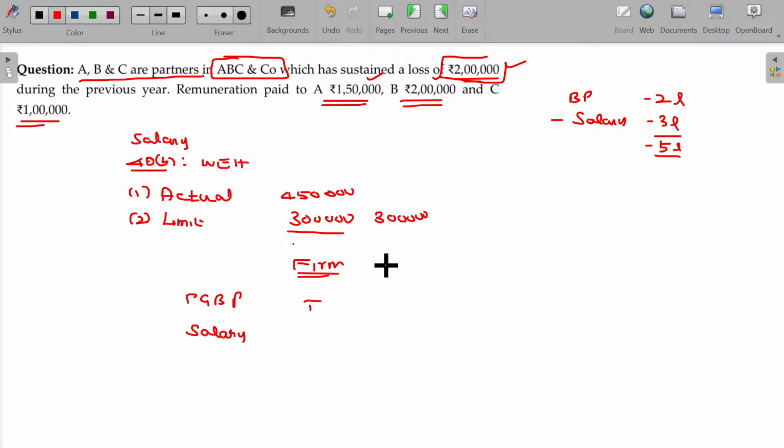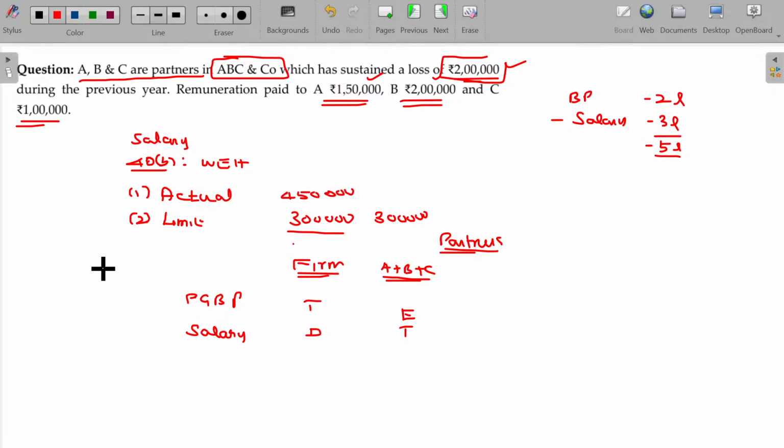And in the hands of the partners, A, B, C, exempt. Is that okay? Salary being deductible, it is going to be taxable in the hands of A, B, C.